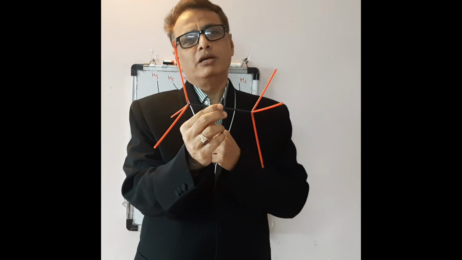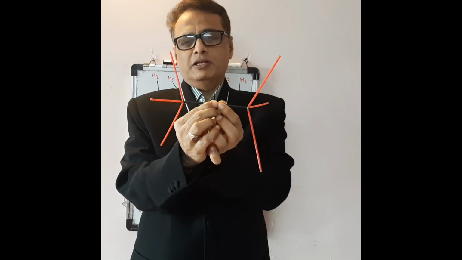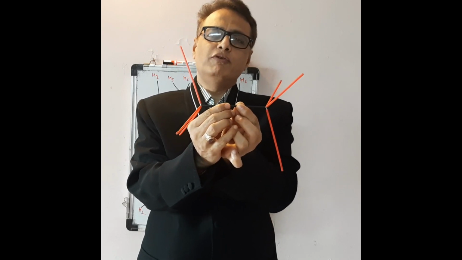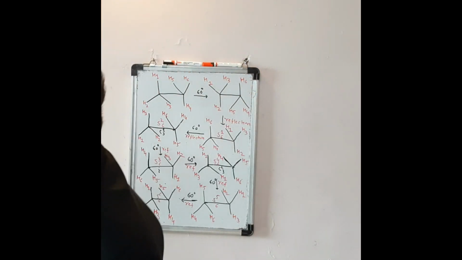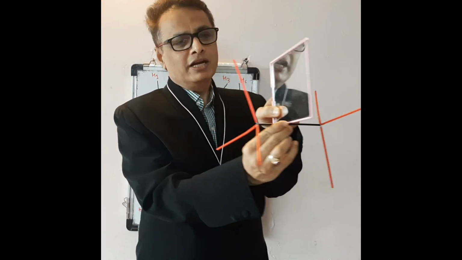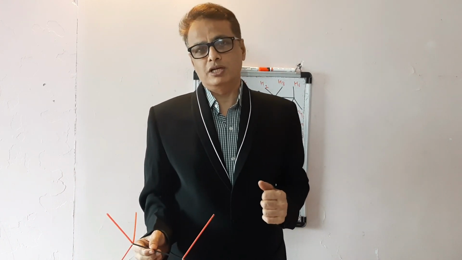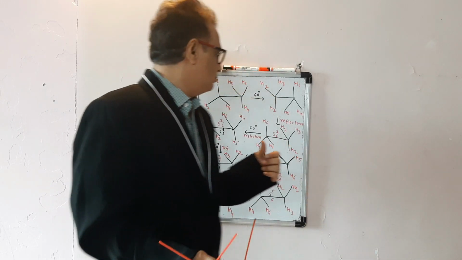Now if this staggered ethane molecule is rotated by 60 degree, then you will get the resulting configuration. Now this resulting configuration is reflected in a plane perpendicular to the principal axis, which brings the molecule into an equivalent configuration. Another 5 rotations by 60 degree, each followed by reflection, bring the molecule into the original configuration.